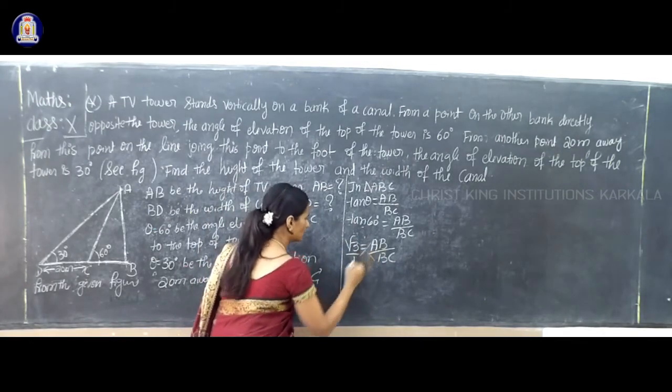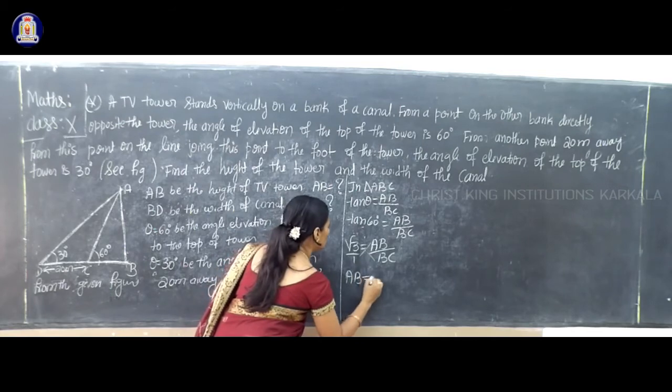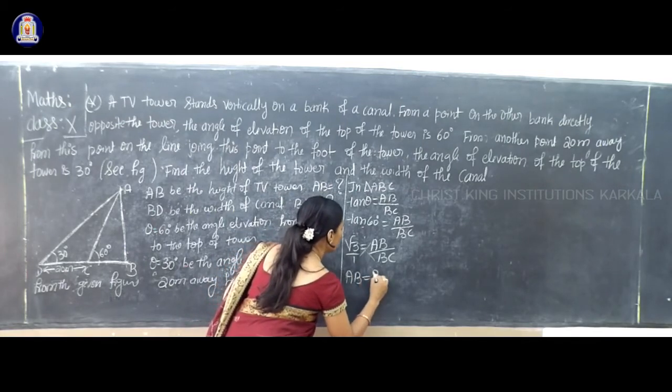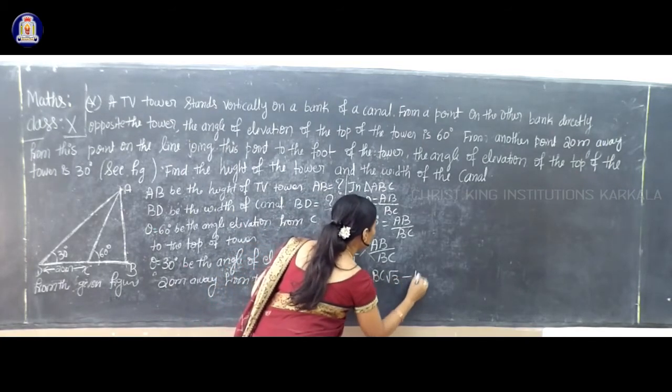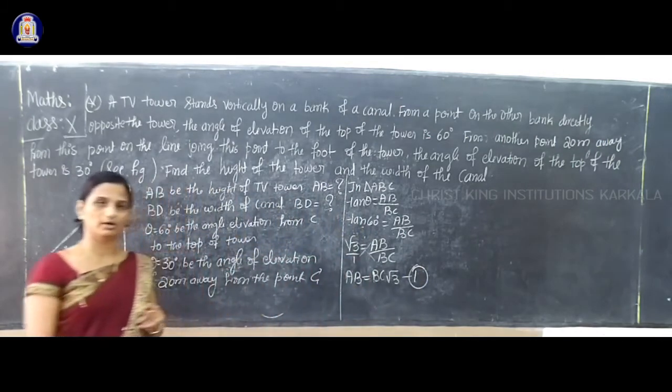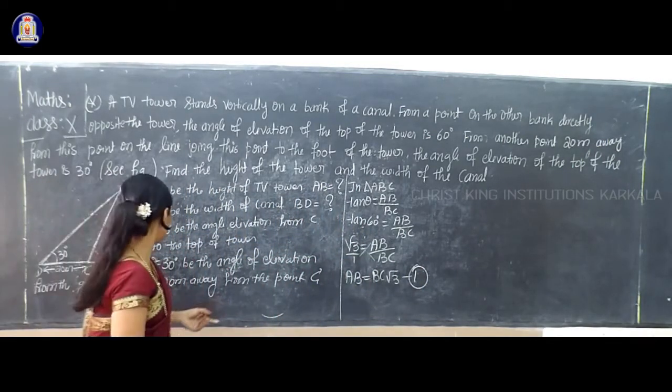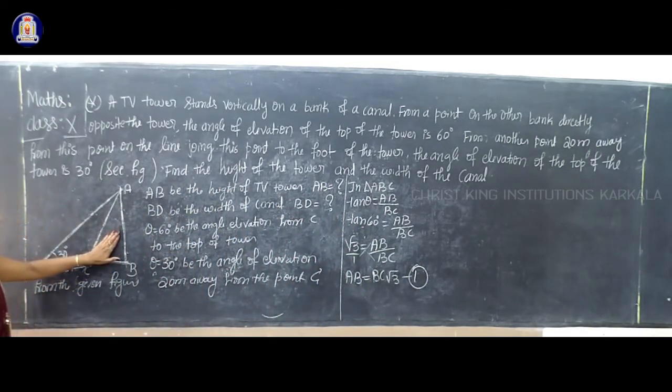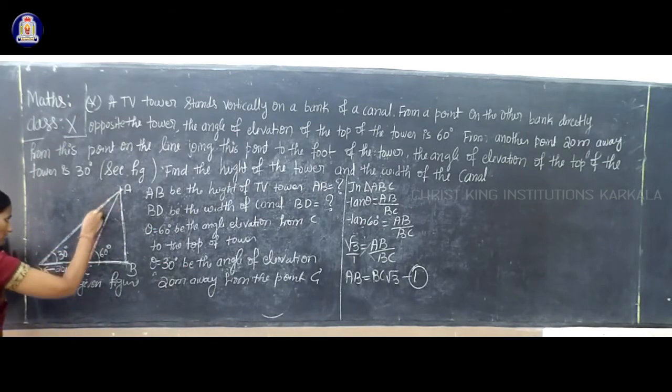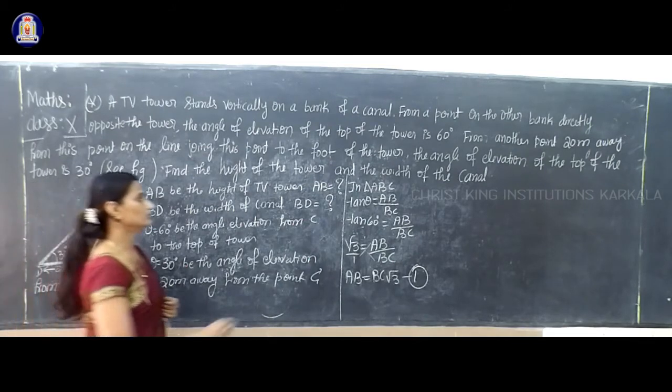So cross multiplication, AB is equal to root 3 times BC. Let it be equation number 1. Now this 60 degree triangle is completed. Next, the 30 degree. Which triangle is it? This is ABD.